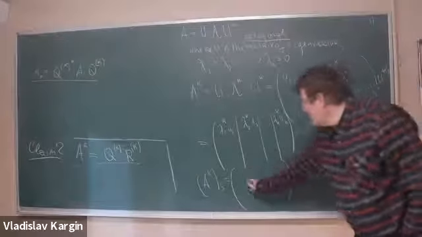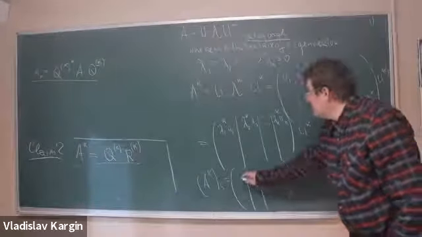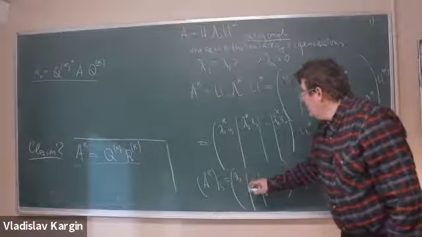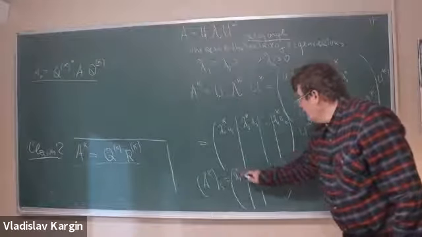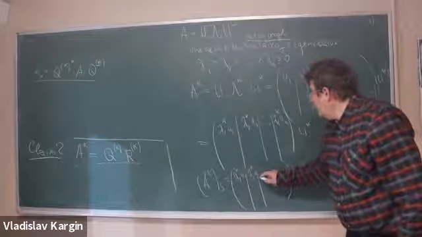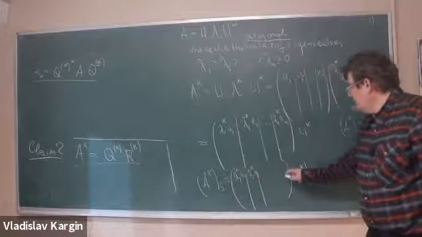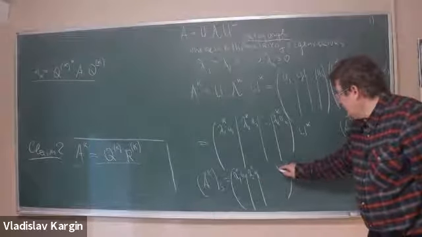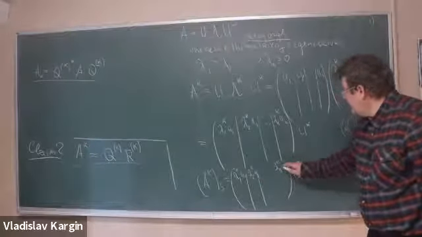And here's this vector: lambda 1 to the power of k u1, lambda 2 to the power of k u2, and so on, the last one is lambda n to the power of k un.